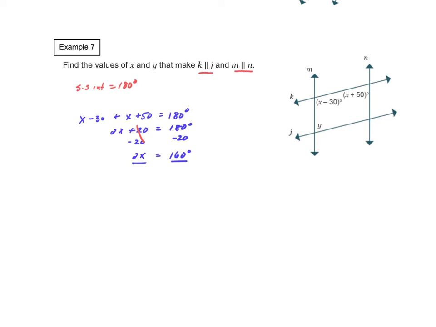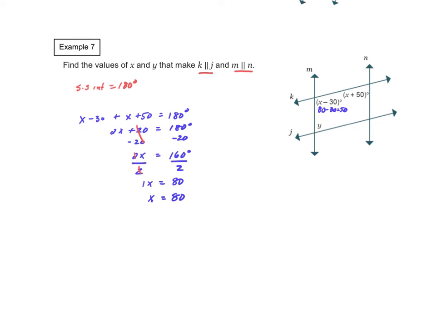Divide both sides by the coefficient: 2 divided by 2 gives me 1, and 160 divided by 2 is 80, so x is equal to 80. When I plug that value back in over here, I find out that 80 minus 30 is 50.